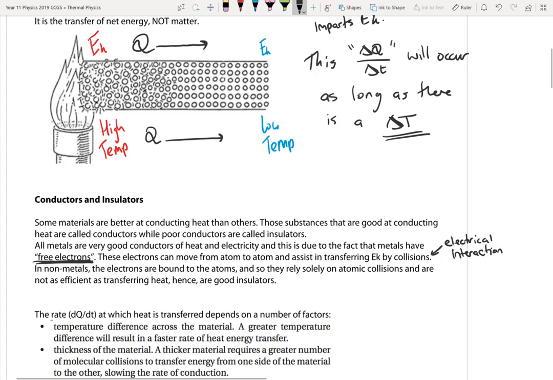Alright? So it comes down to whether it's the nucleus moving, jiggling backwards and forwards, and the electrons, or if it's just the nucleus. The nucleus is not as good at imparting its energy because it's stuck smack bang in the middle and doesn't really interact with any nucleuses near it. But the electrons that are in the valence shells, they can just jump across and transfer.